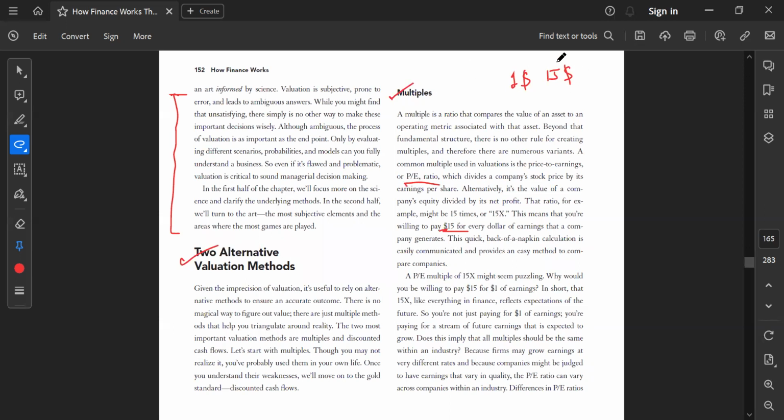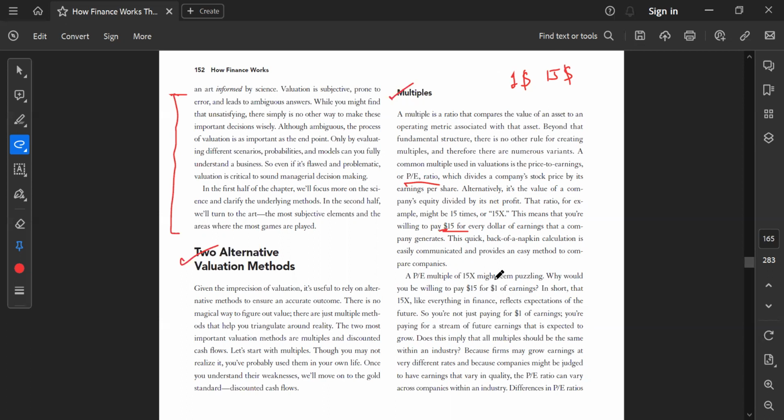That means you are willing to pay 15 times the company's current value. So this is how it works.